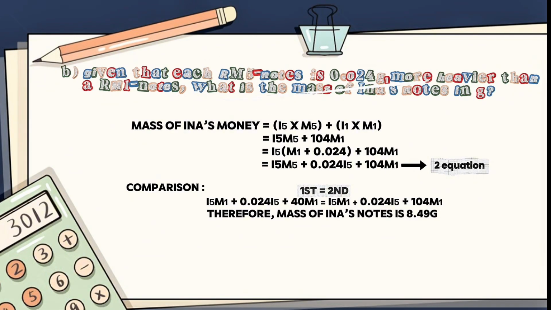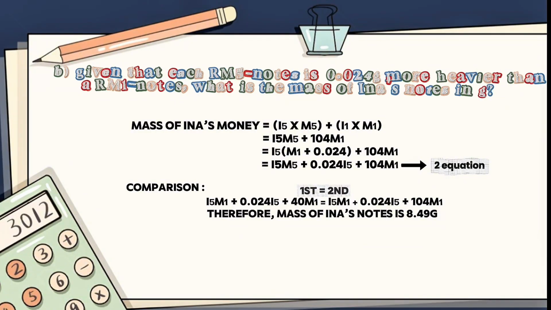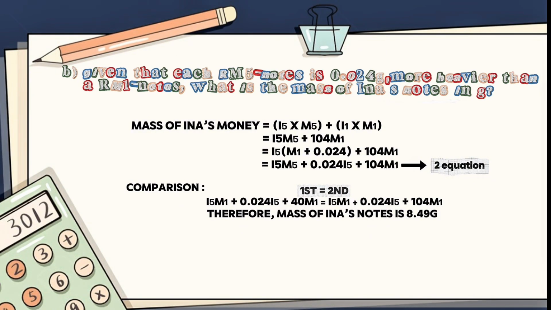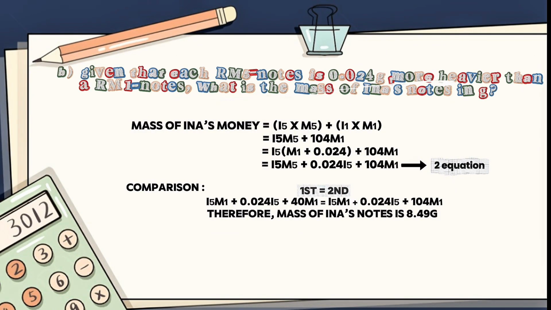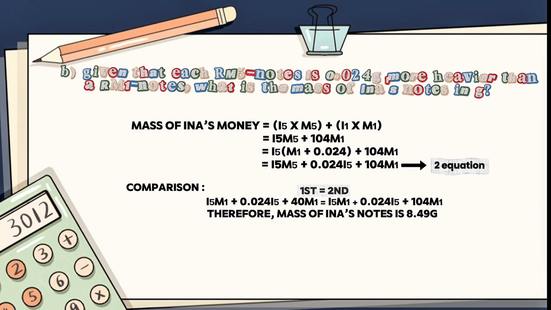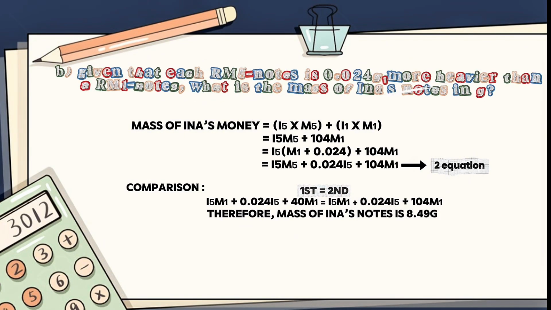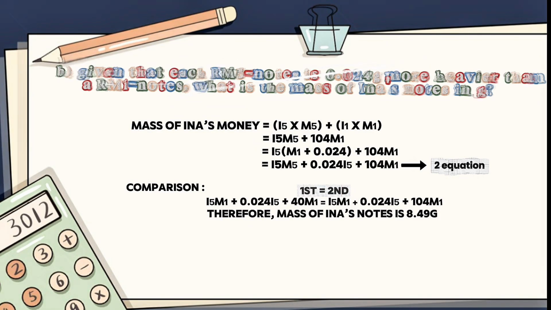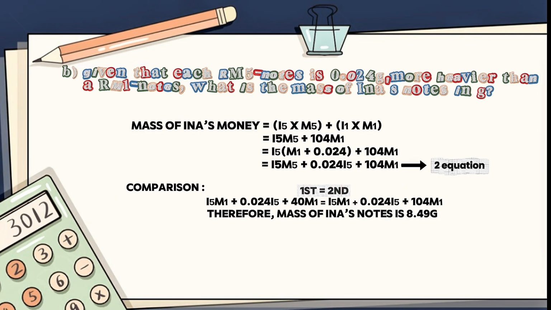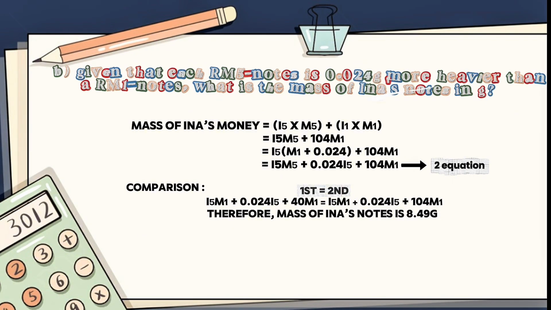Mass of Ina's money equals I5 times M5 plus I1 times M1. Substituting the value of I1, we get I5 M5 plus 104 M1. After that, substitute the value of M5, which is M1 plus 0.024.